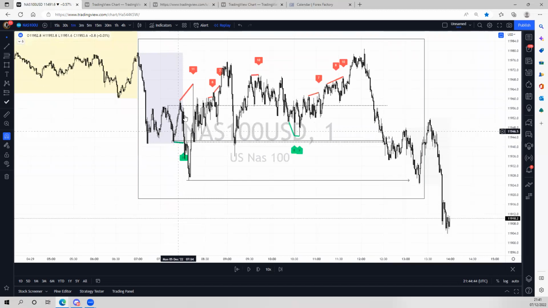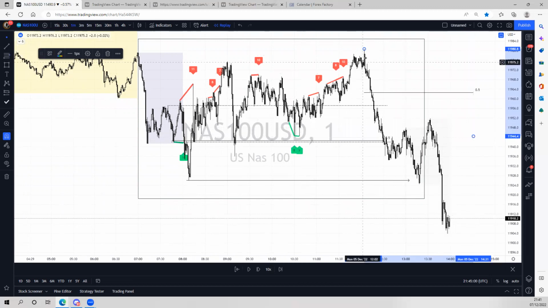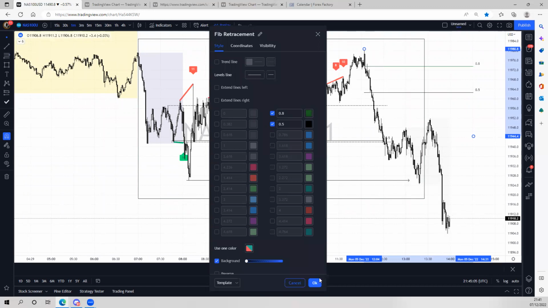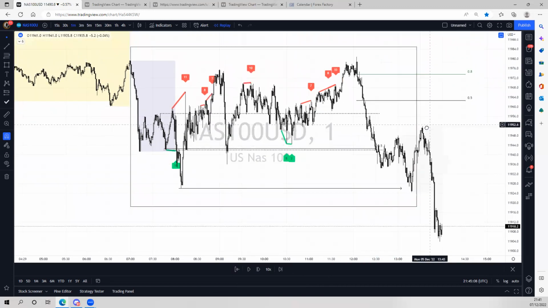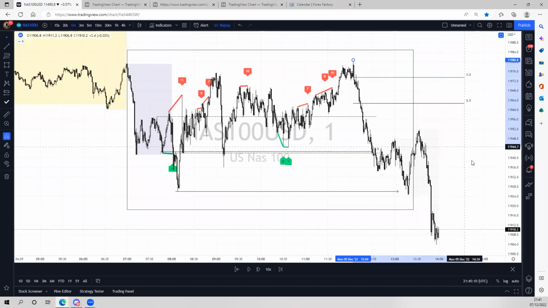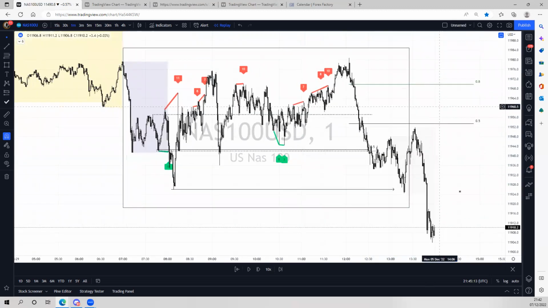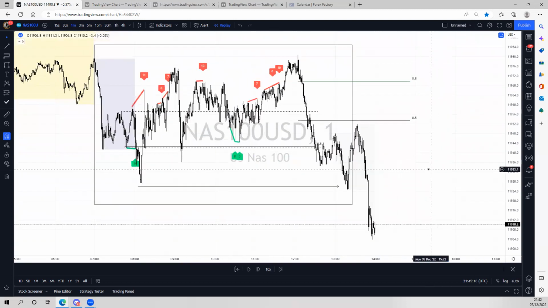Buying climax, AR, secondary test, a minor sign of weakness, up thrust, secondary test, UTAD, which is from here to there. It did not mitigate the 50, didn't mitigate the entire thing. No, close to though.